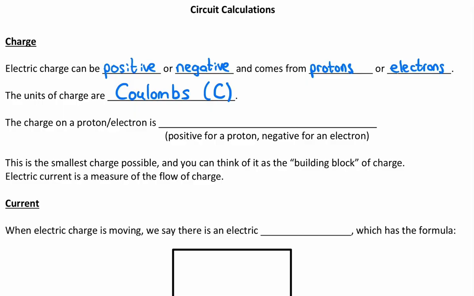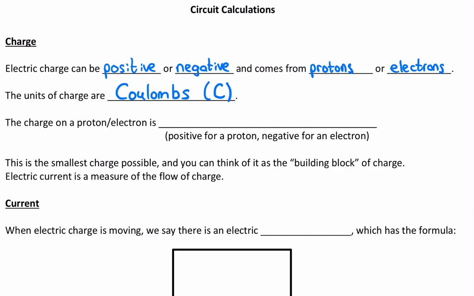So now that we have two ways to measure charge, we can count electrons or protons, or we can measure charge in numbers of coulombs, it's going to be pretty important that we know how to go back and forth between these two ways of measuring to essentially convert between these two units.